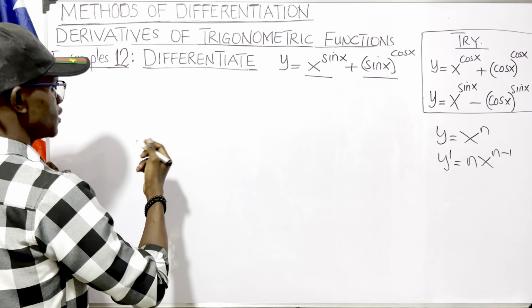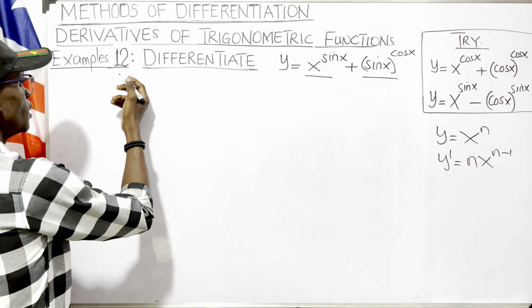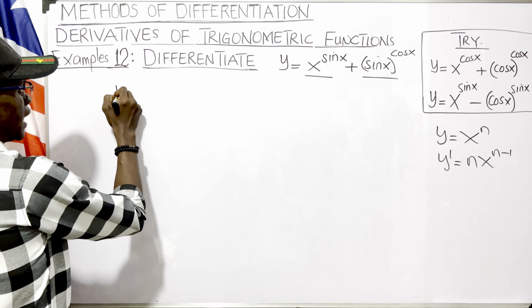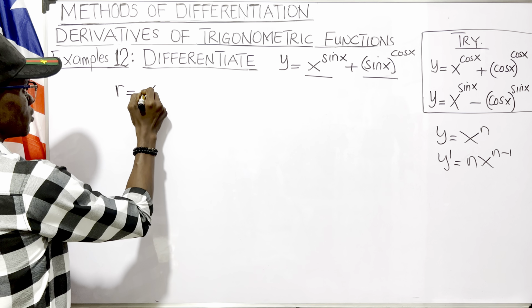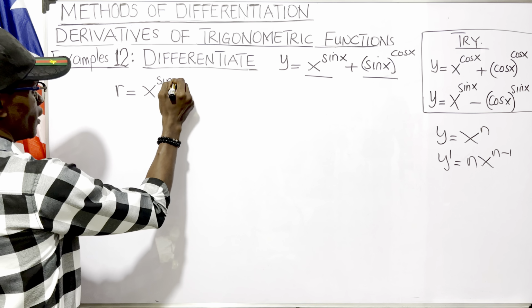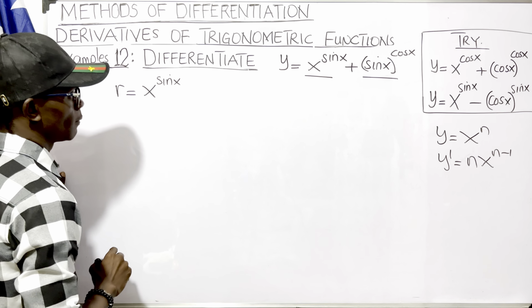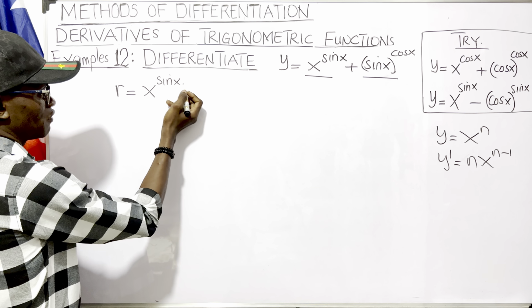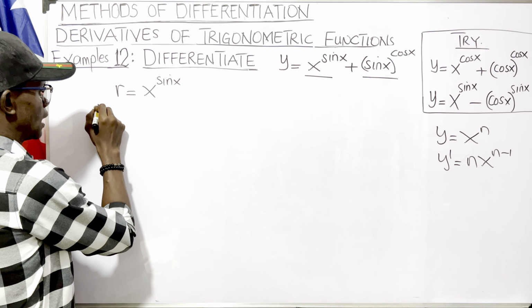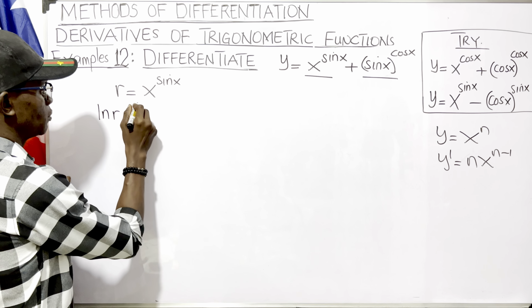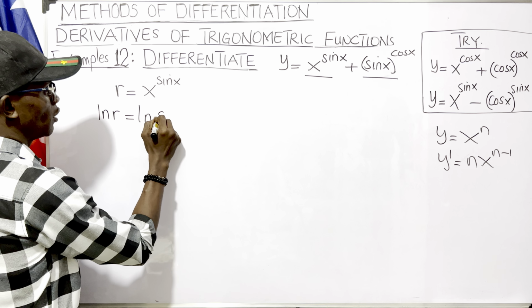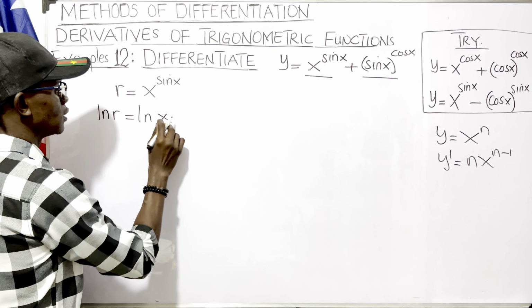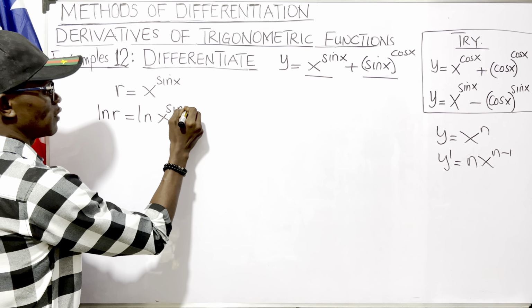So we can call the first function r. So we say let r equal x raised to the power sine of x. Then we differentiate this r function. So the first thing is we need to bring this sine of x down. So it's ln of r, take the ln of both sides, and ln of x raised to sine of x.